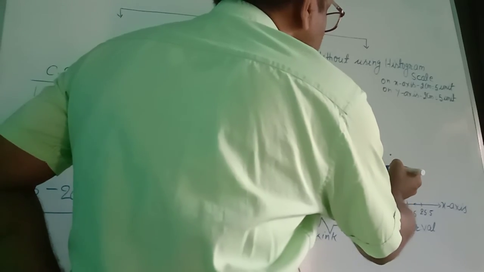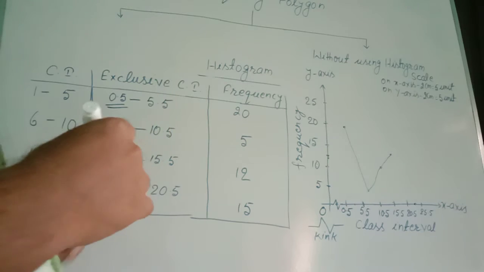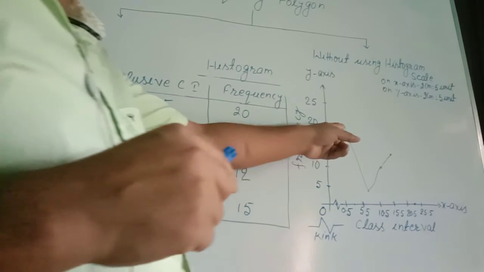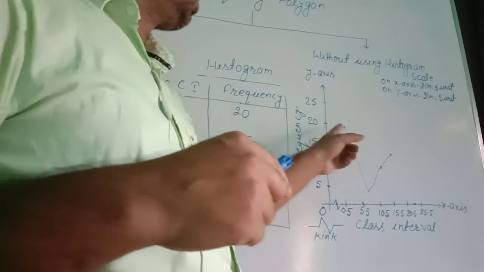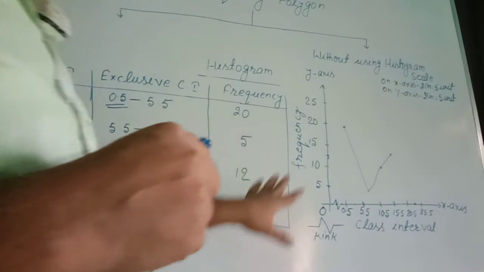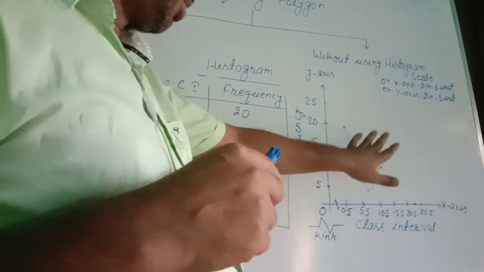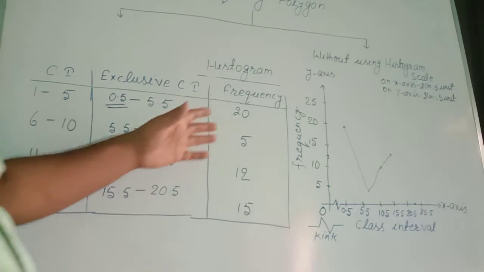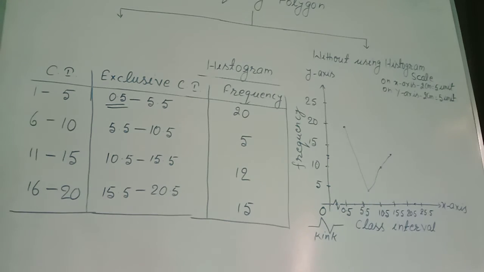In this case, while you are not using the histogram, there is no need to draw the dotted line at the first and at the last. You only join these middle points. So this is the process of drawing the frequency polygon without using the histogram.